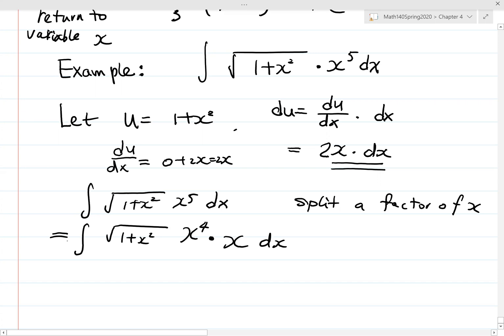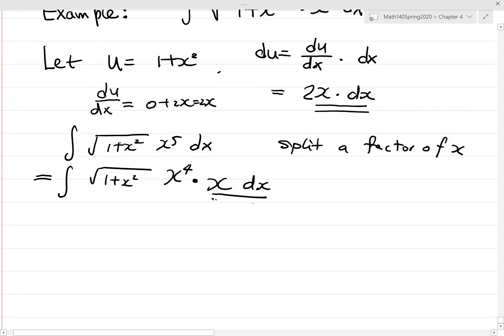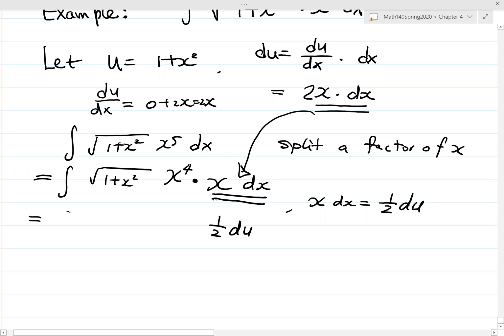Now x dx, we can solve: x dx is du divided by 2, or multiplied by 1/2. So this is 1/2 du. Now in the integral, the square root of that thing, we substitute by u, because u is 1 plus x squared.